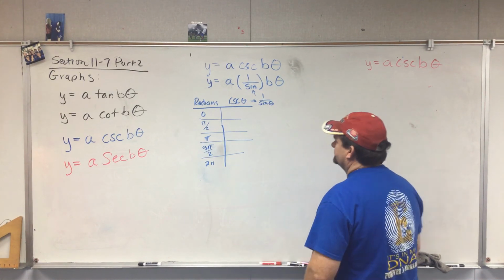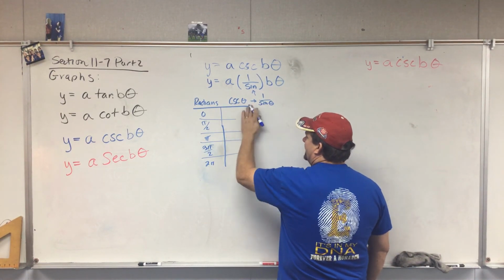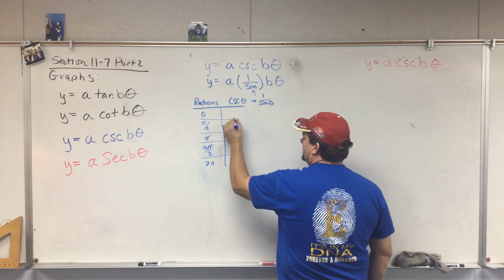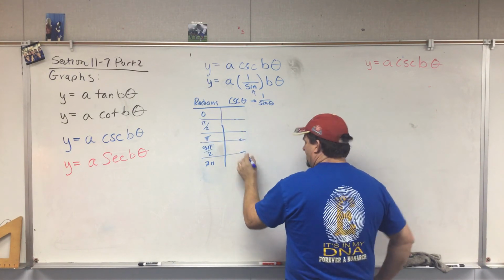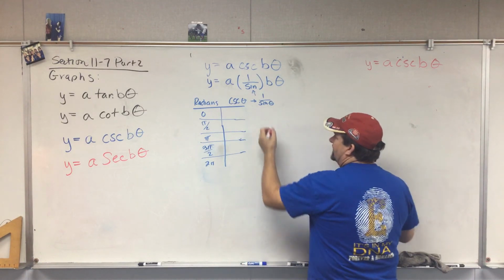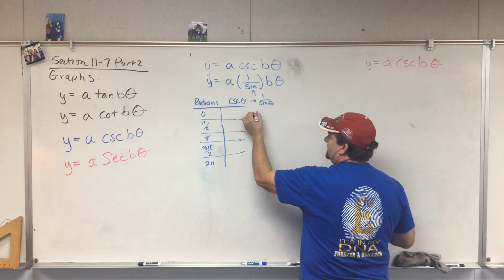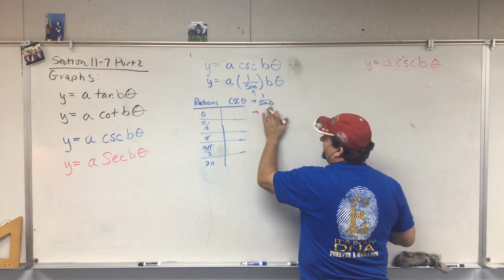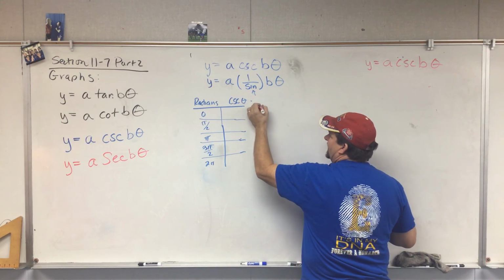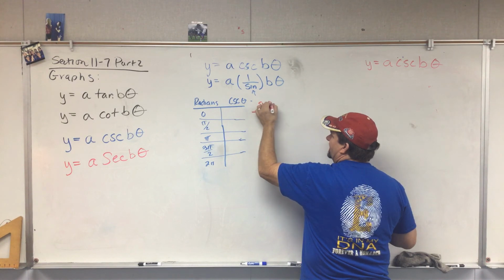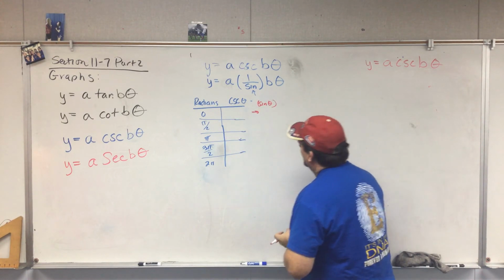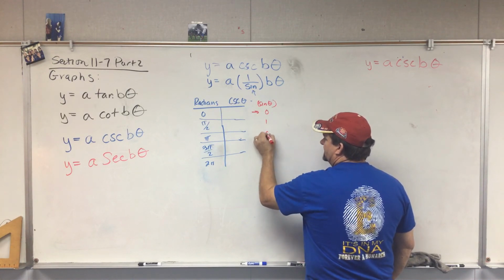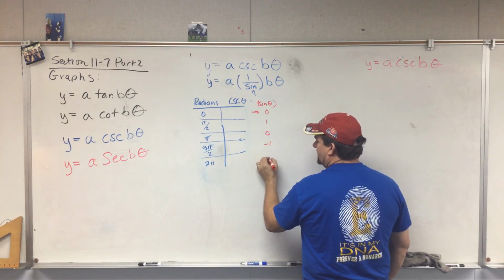All right, so go back to sine. I'm going to write the sine of theta off to the side here. Don't forget this is 1 over the sine of theta. So what we're really saying is the sine of theta is 0, 1, 0, negative 1, and 0.